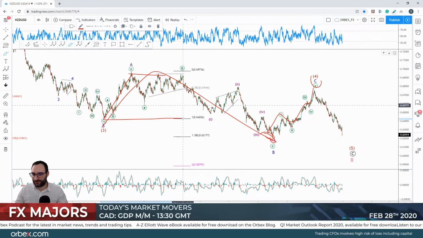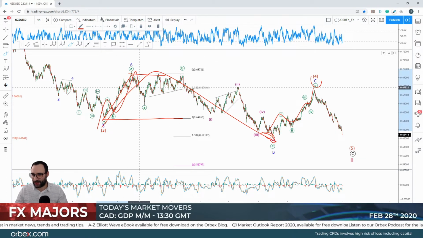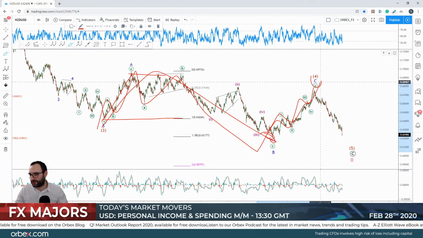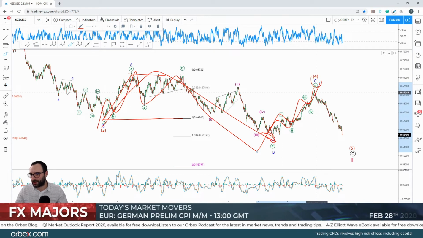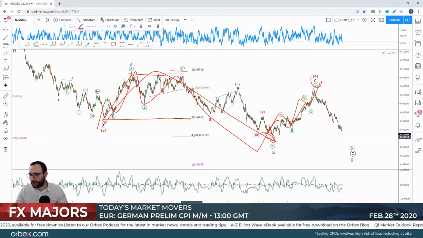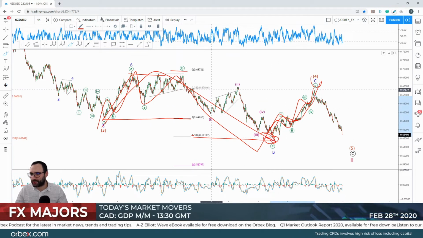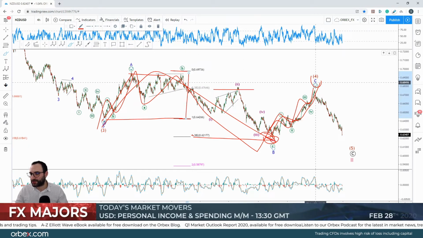And this is a running flat though, right? We have ABC, we have ABC, and then we've got 1, 2, 3, 4, and 5, okay? Running flat. If we draw this Fibonacci, we went to the 138.2 to get wave B, and wave C went up to the 38.2 Fibonacci retracement of the first move, right? So this is a running flat.